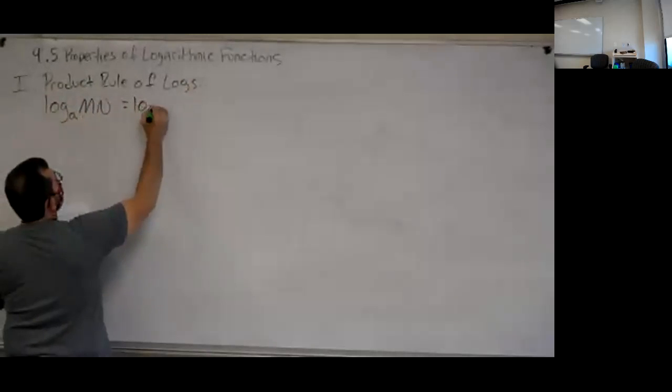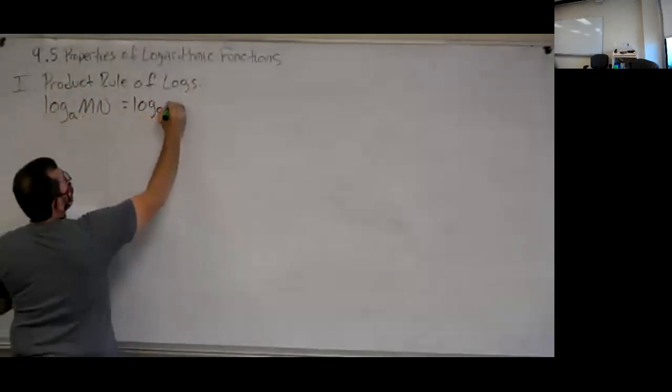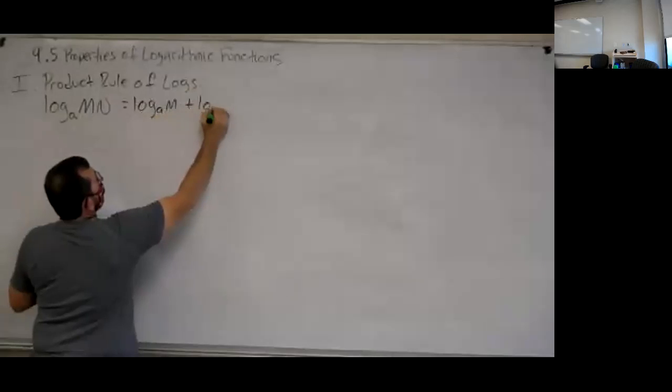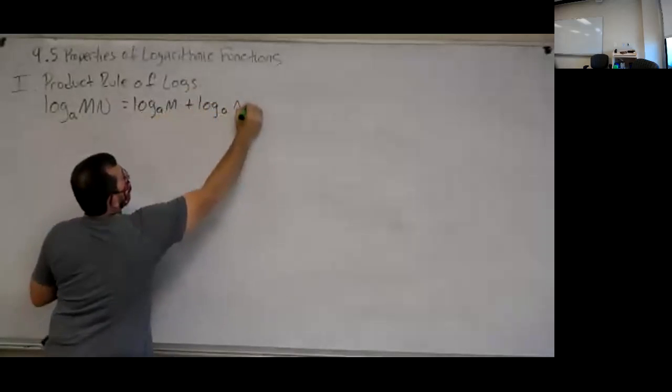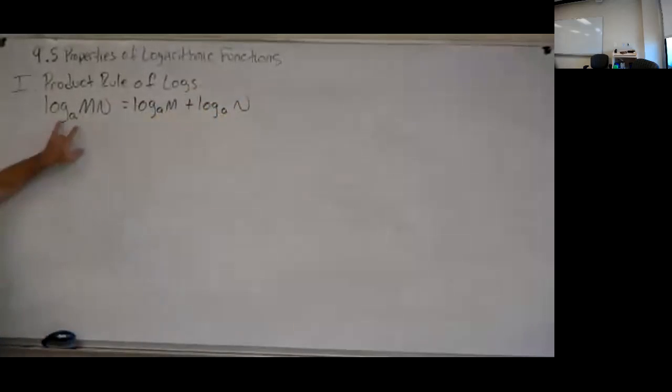So I can write that as log base A of m plus the log base A of n. So you sort of distribute the log base A to both of those and rewrite them as a sum. And I always remembered that because I knew when I multiplied variables, you had to add them exponents, right? Remember, these are really exponents we're dealing with here, okay?